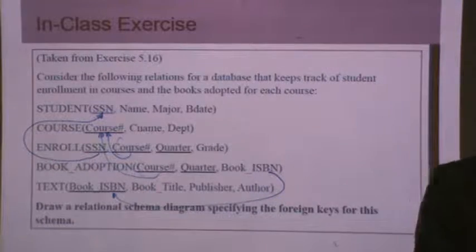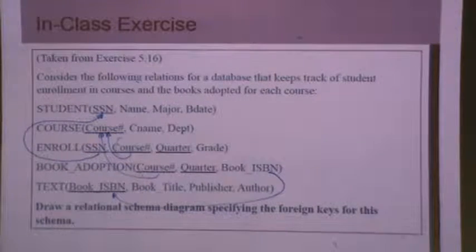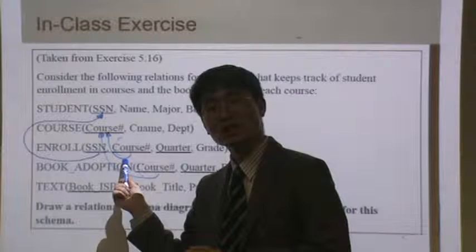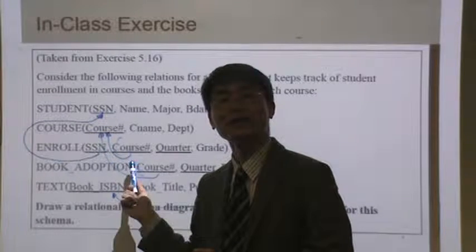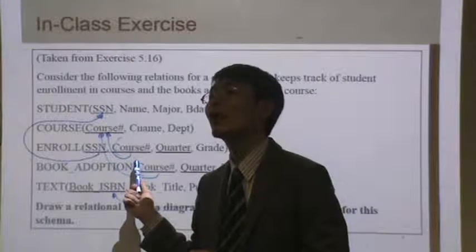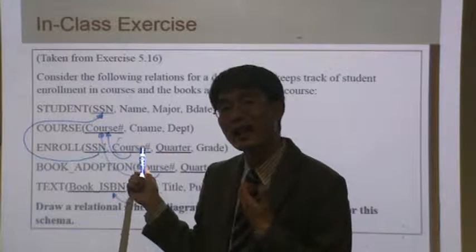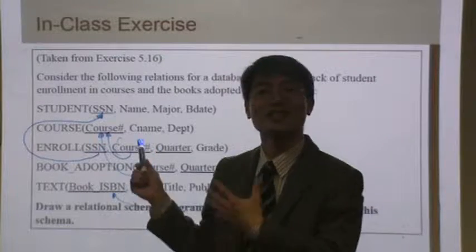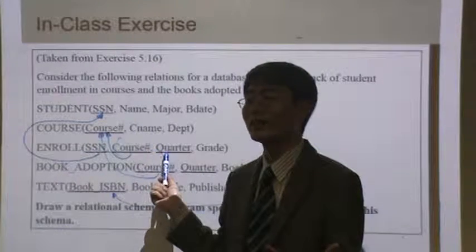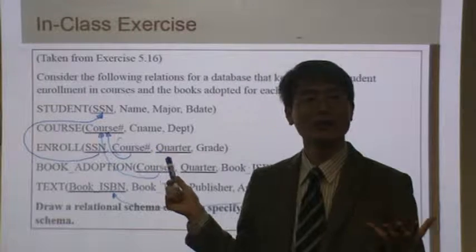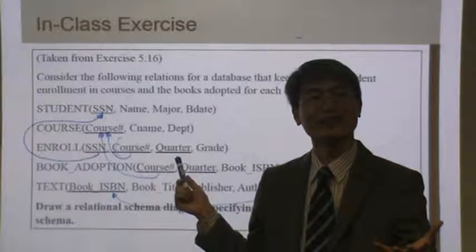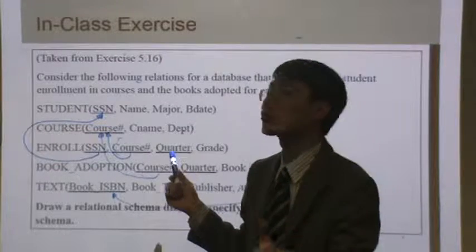Here you may realize most of the referenced columns are primary keys. But I said most, which means sometimes not. It can reference a candidate key, because candidate keys are also unique.